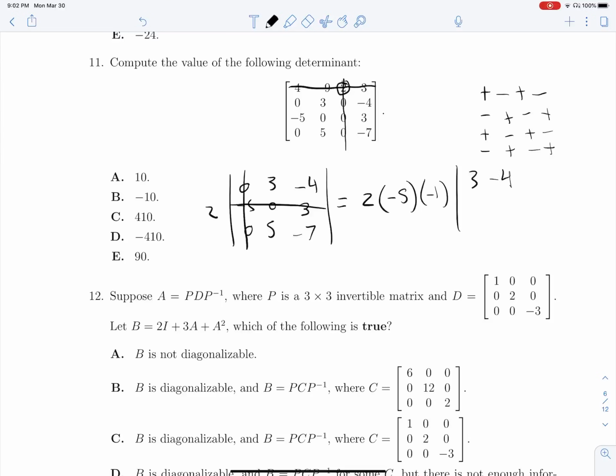We have 3, -4, 5, -7. This determinant will be -21 plus 20, so -1, and these two -1s will cancel, and we're left with -10, which is our solution.